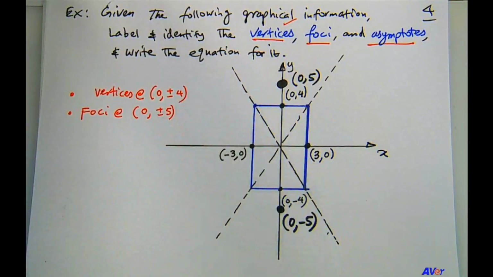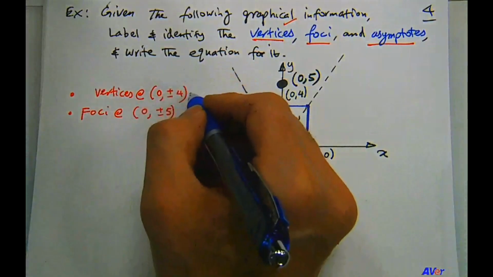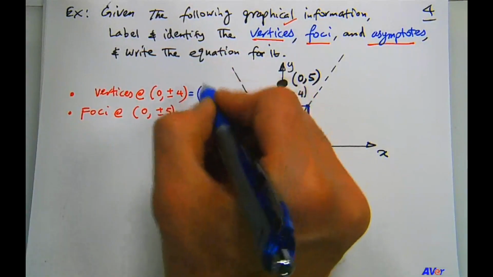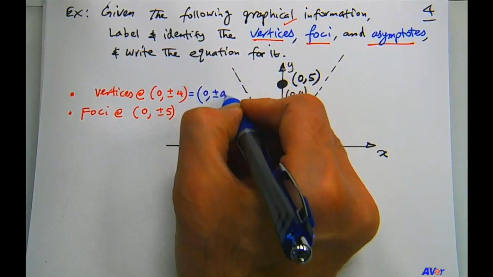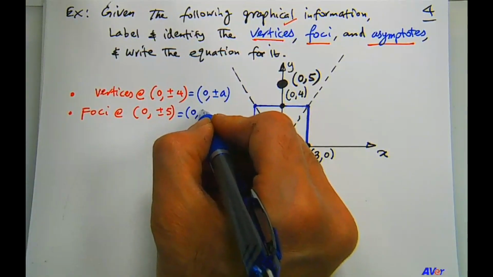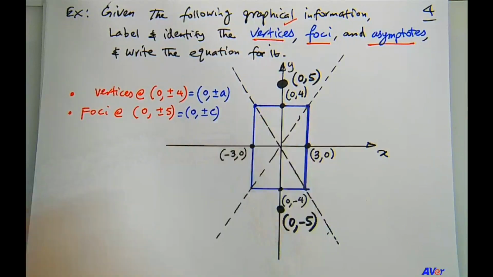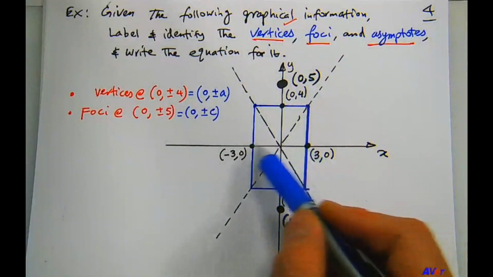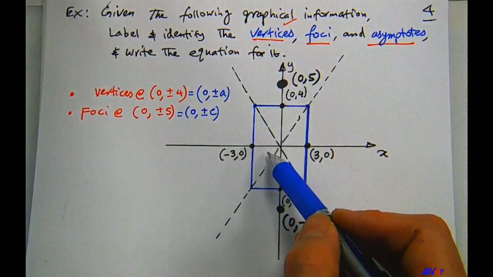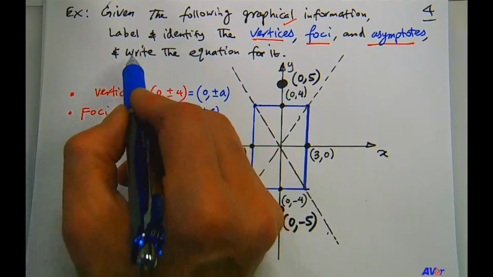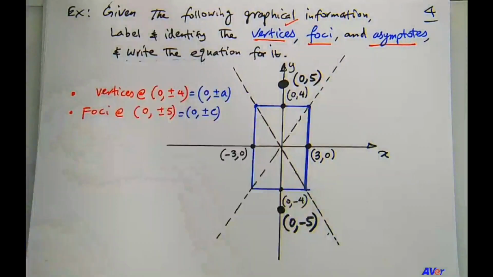Let me add this added touch. You don't need to do this, but this is 0, plus or minus a. This is 0, plus or minus c, right? They didn't ask us for the b terms, but we're going to need to identify them because they're asking us to write the equation at the end.